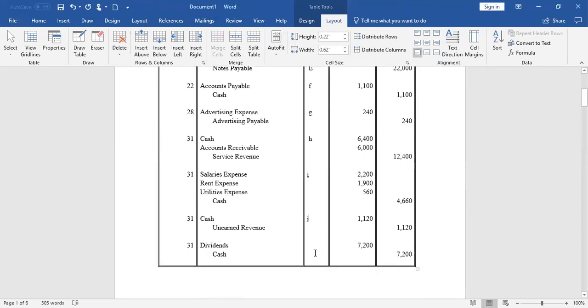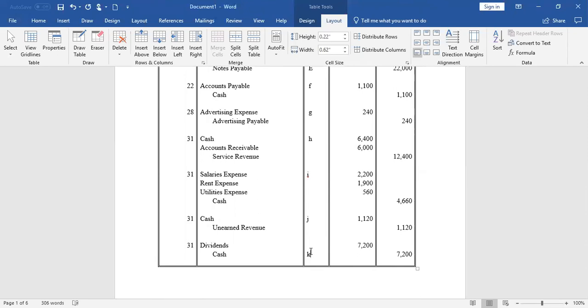The final transaction we have in this problem deals with dividends, paid cash dividends of $7,200. So whenever the company pays a dividend to the owner, we will increase the dividend account so we can collect all the dividends paid to that owner in that account, and we increase that on the debit side.